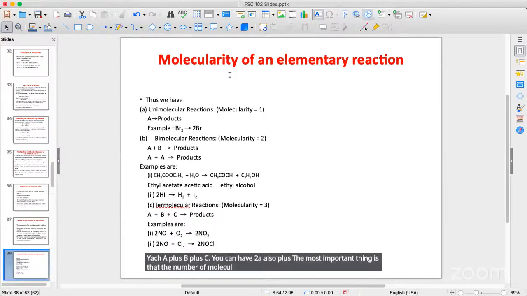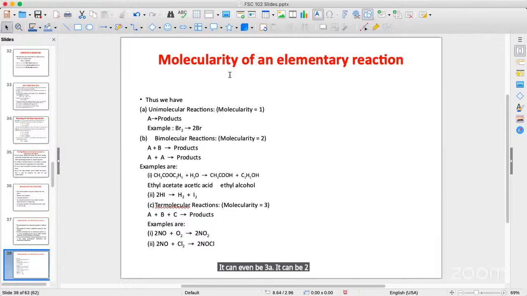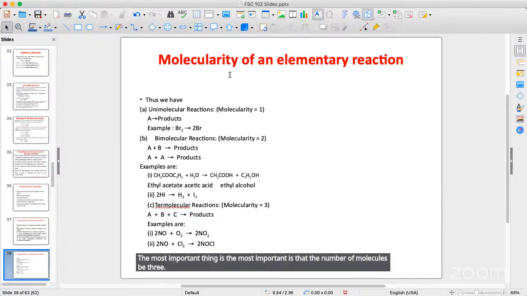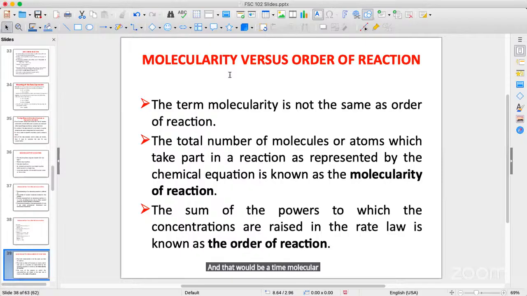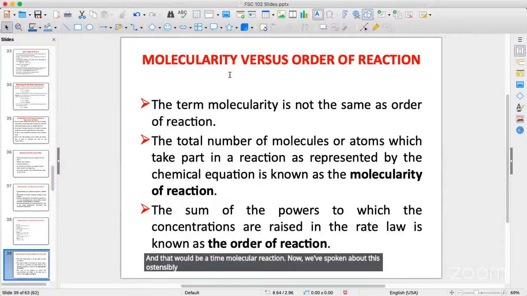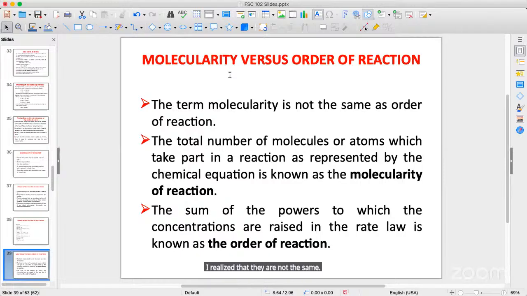It can even be 3A, it can be 2A plus B, it can be 2B plus C. And that will be a termolecular reaction. Now, we've spoken about this extensively, the difference between molecularity and order of reaction, and we already said that they are not the same, for the concepts are completely different.